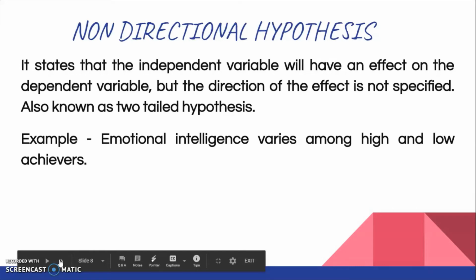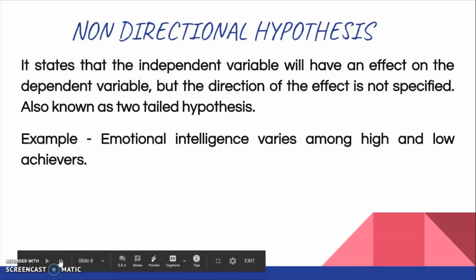If it is a null hypothesis, we would say that there will not be any significant relationship between the high and low achievers and their emotional intelligence. We say that there will be no significant difference in emotional intelligence among high and low achievers. But if we come to the directional hypothesis, we say that emotional intelligence will be higher among the high achievers.